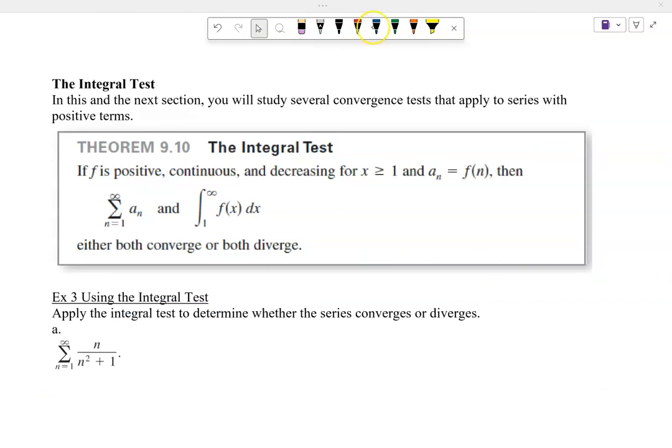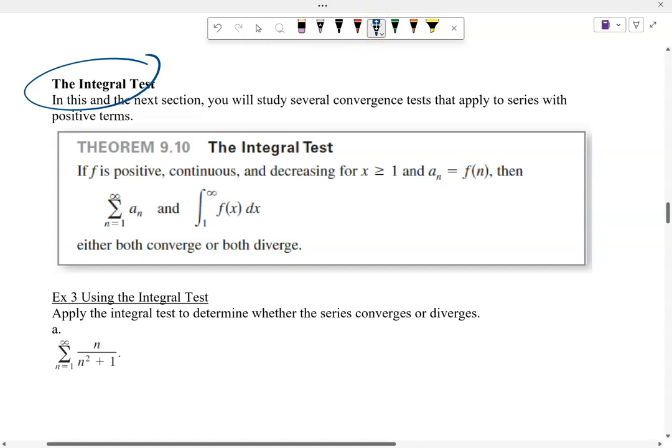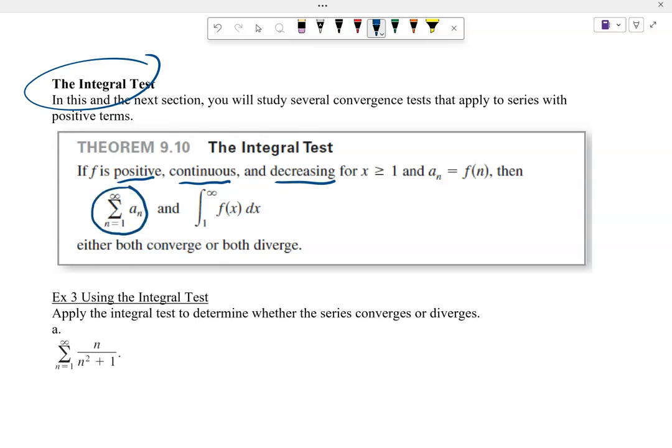This next test is called the integral test, okay, and it's got some conditions. So note the conditions to the integral test. If your sequence is positive, continuous, and decreasing, then the series and its accompanying, if I let f of x be a sub n, if you will, then its integral from 1 to infinity, this one's with natural numbers, 1, 2, 3, 4.